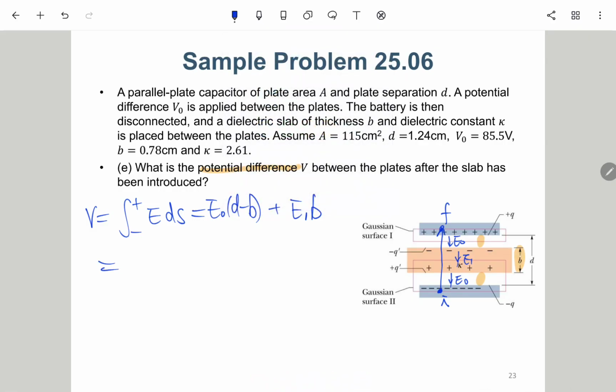So we can just plug in all the numbers. E0 is 6900. D minus B is this one and this one.